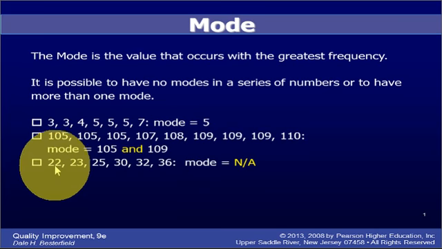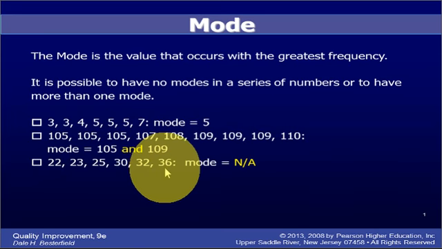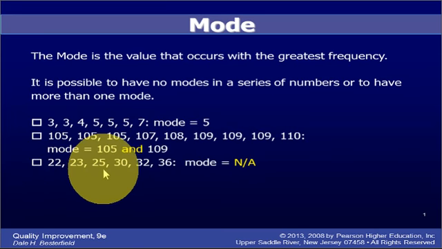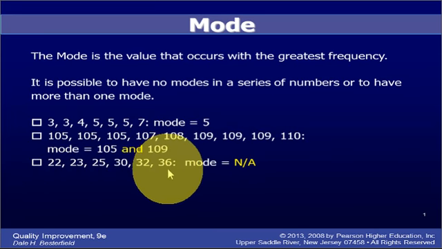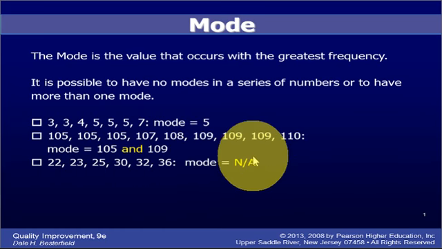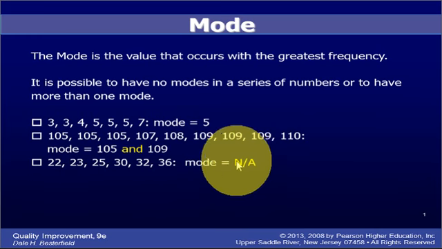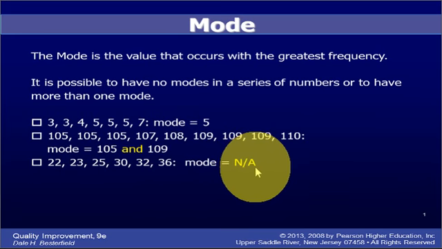Next, in this example every number occurs only once, so they all have the same frequency. You cannot tell which one has the greatest frequency, and therefore it has no mode. Just put not available here.